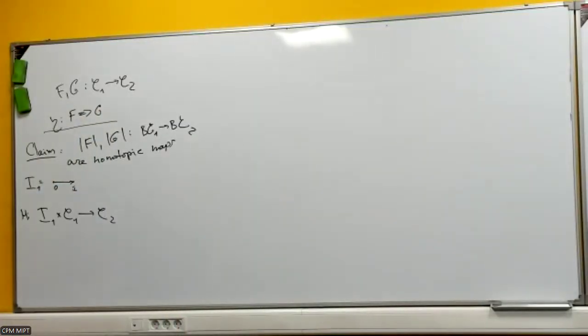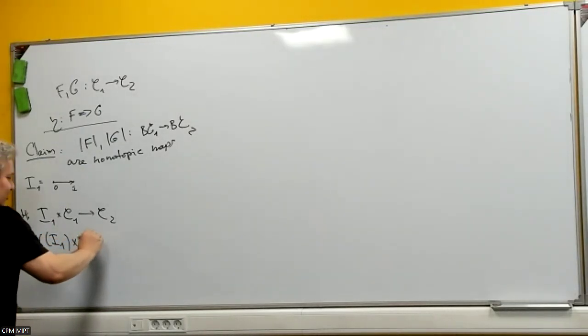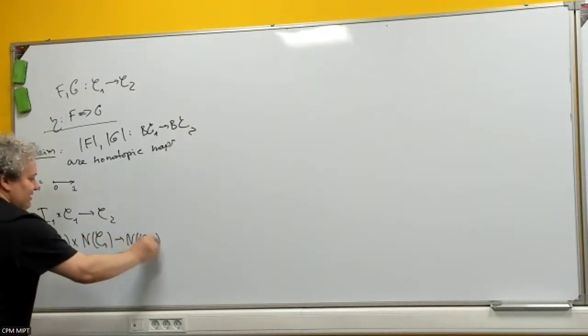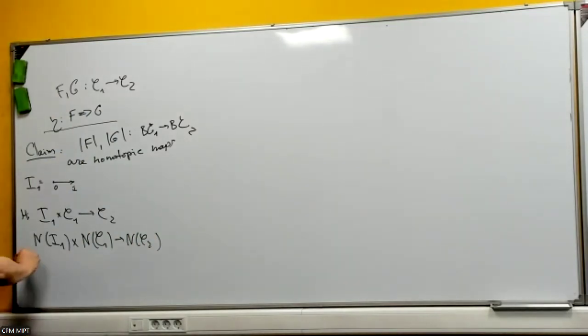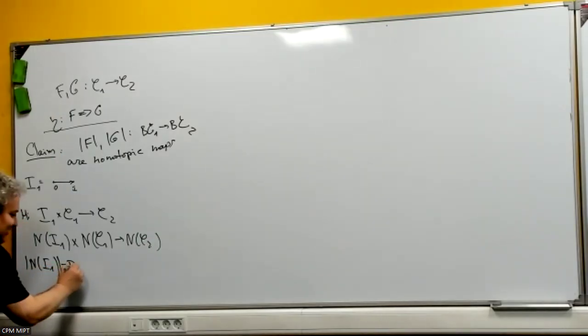So then this data gives me such a functor H, and when I pass to nerves first, using that the nerve commutes with products, I get the nerve of I1 times C1 to the nerve of C2, and then I pass to realizations, and then I make use of the realization of this nerve of I1. It's a standard unit interval, I guess 0, 1 or so, delta 1.